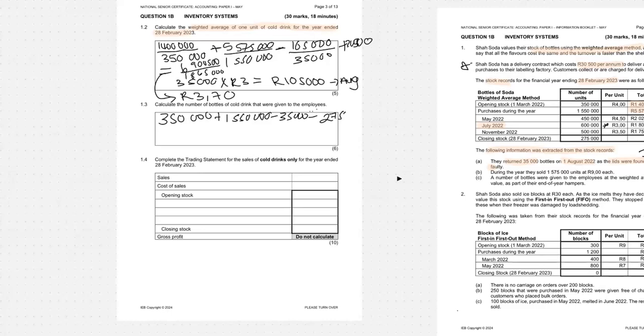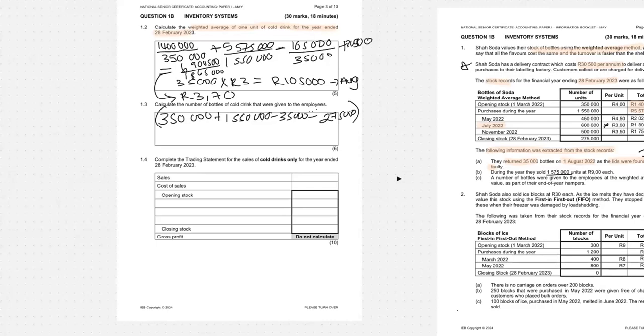After you've gotten that amount, you then minus the amount that was sold, because if you take your opening plus purchases minus returns minus closing, it's supposed to give you the units sold.